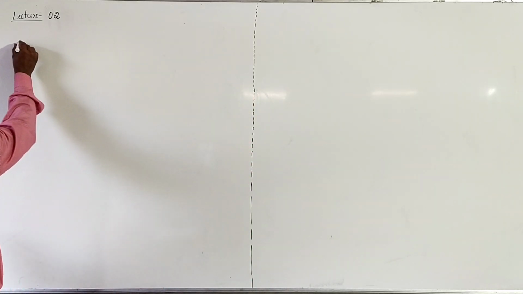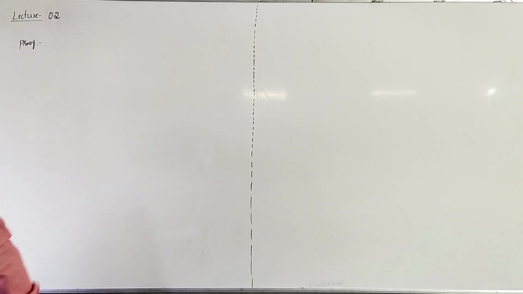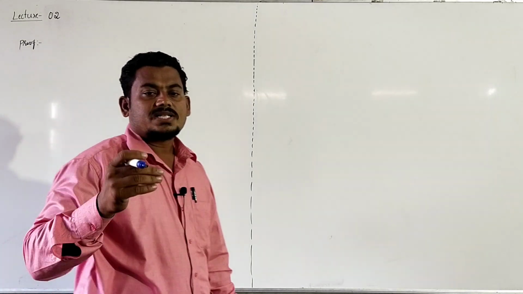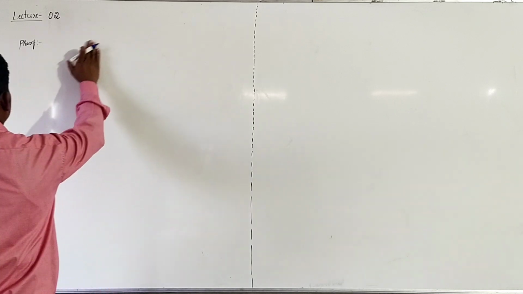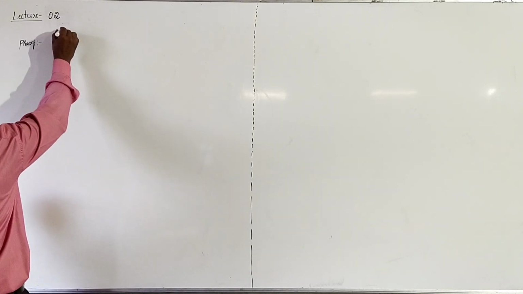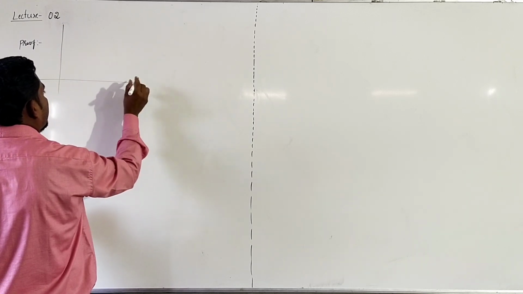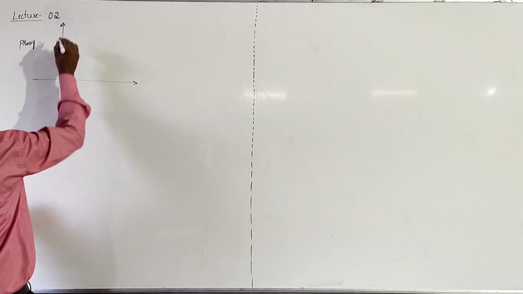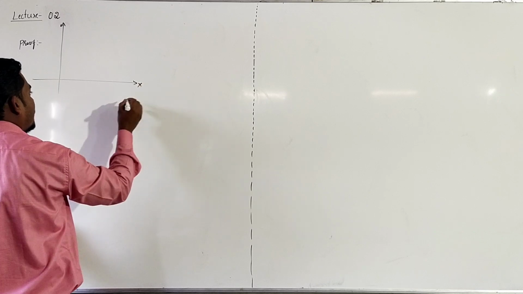Proof, and it is important for 5 marks. First we should draw a diagram, right? Consider a 2D plane, with the positive x-axis and positive y-axis.